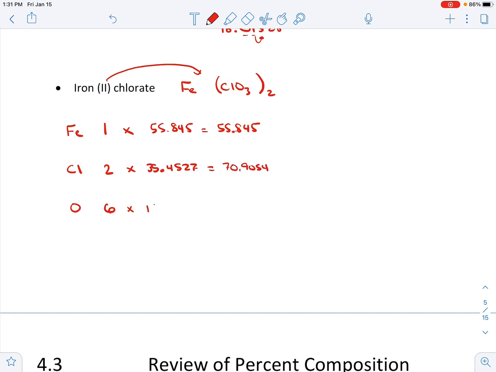And then we have 6 times 15.9994, and that gives us 95.9964. And we're going to add those up. And that's going to give us 222.7468, but when we round, we're going to get 222.75 and then label with grams per mole.